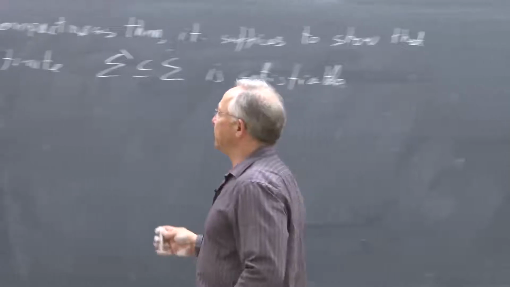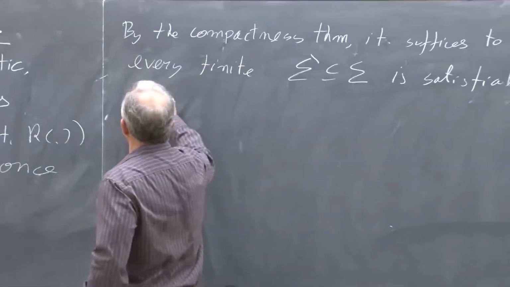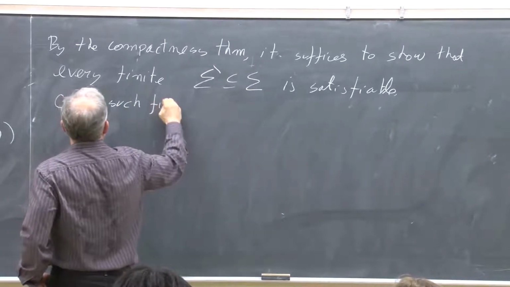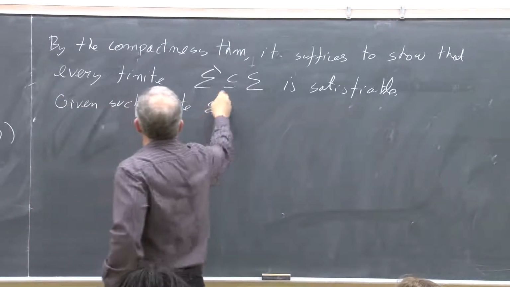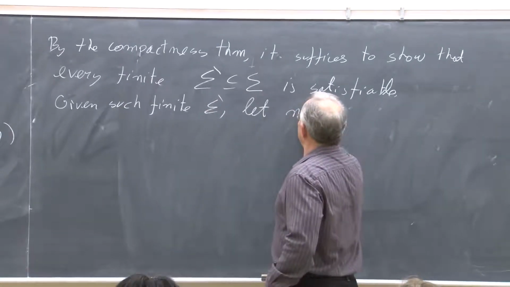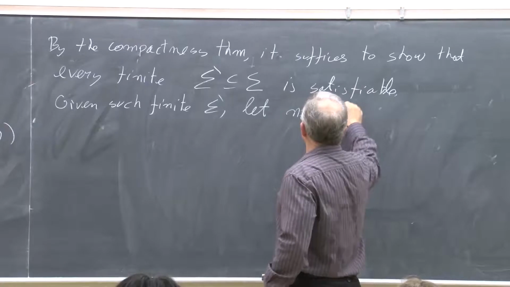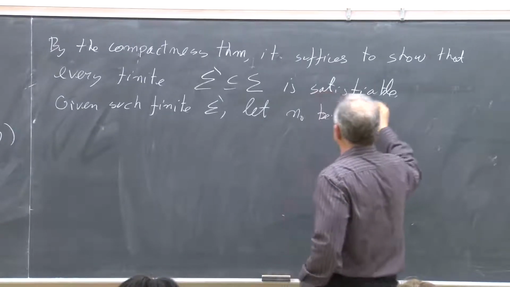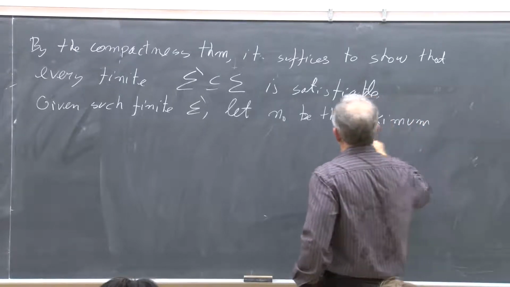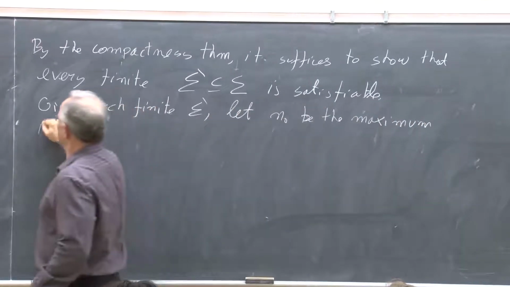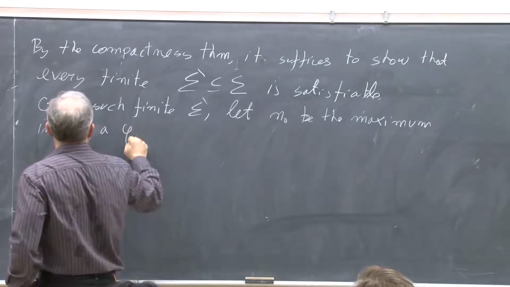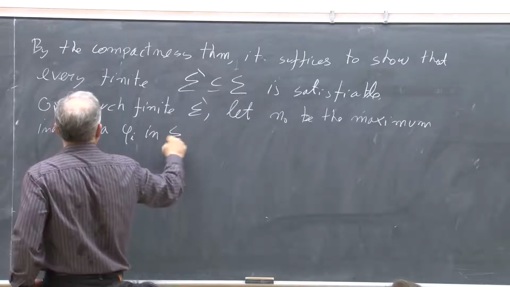So just given such a finite sigma prime, let n null be the maximum index of a phi i in sigma prime.